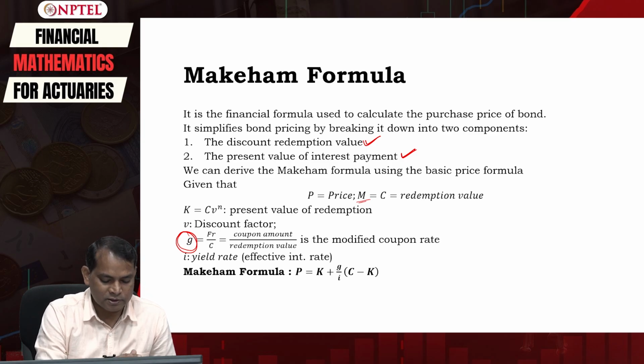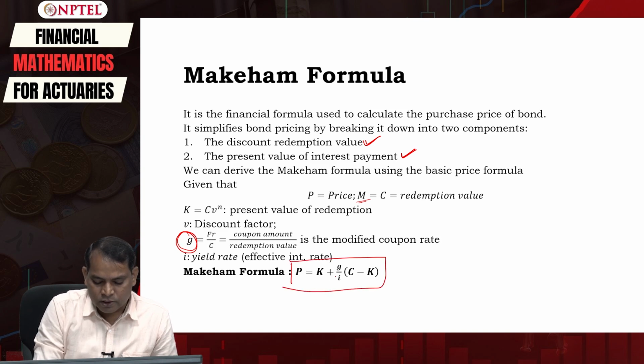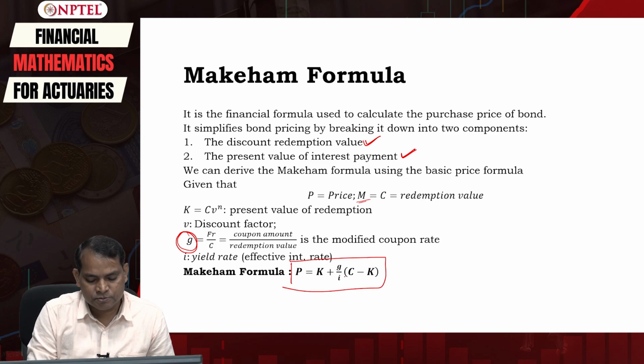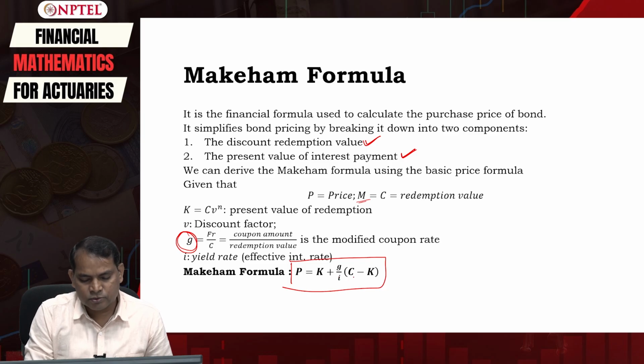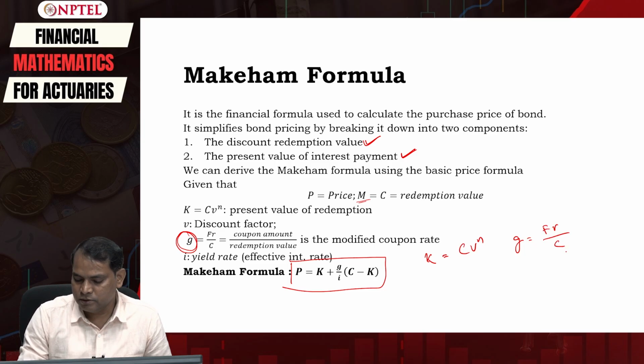With the yield rate or the effective interest rate I, the Makeham formula says P is equal to K plus G divided by I times C minus K, in which case K is equal to C V to the power n, and G is equal to Fr divided by C, and I is the effective rate.